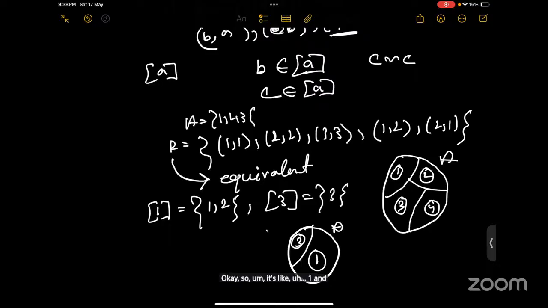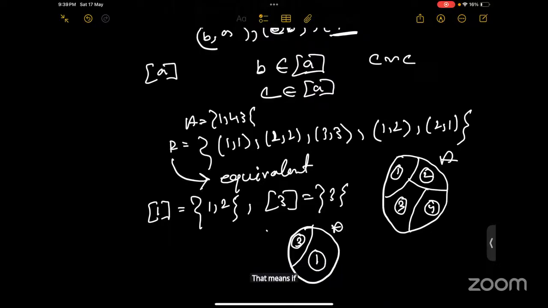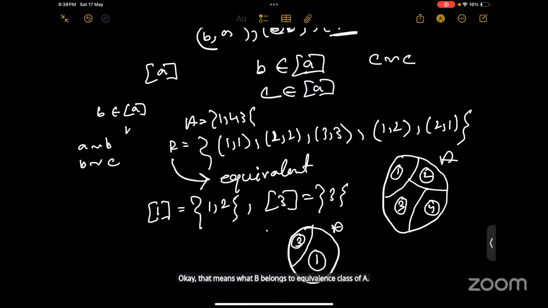Okay. So here, symmetric means what? If AB is there, then BA will be there, right? That means if A is related to B, then B is related to A. That means in both ways. So suppose A is related to B and B is related to C. That means B belongs to the equivalence class of A and B belongs to the equivalence class of C, right?